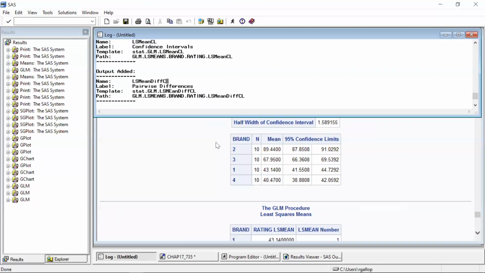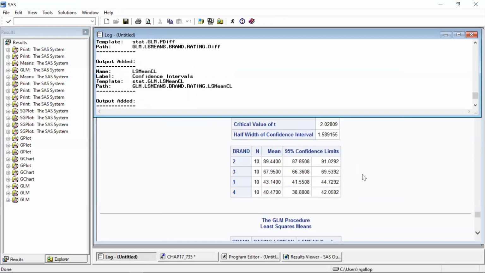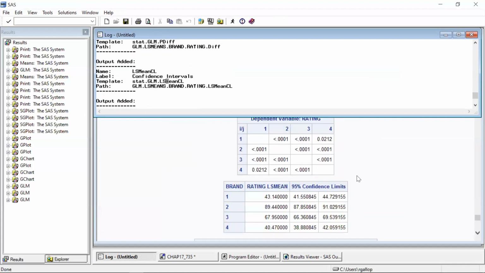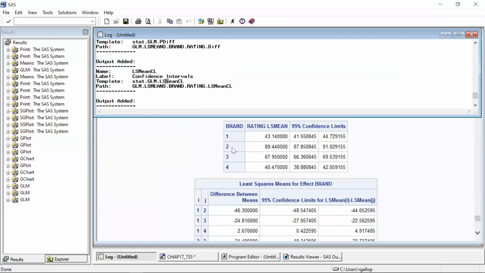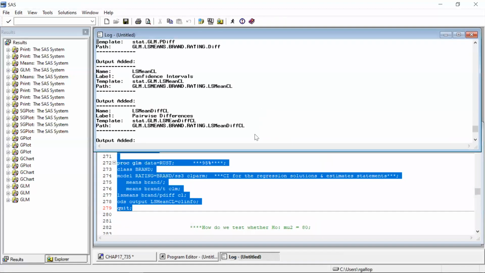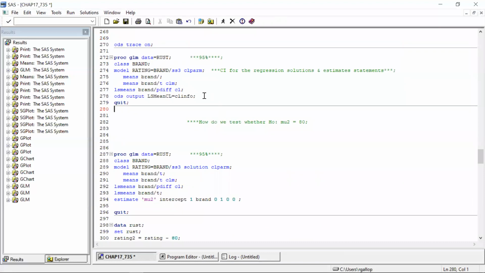And what you saw is I sent the LS mean CL information, which is this box right here, to a data set. What I did here is I sent this to the data set CL info, so I can use that for maybe printing or whatever.